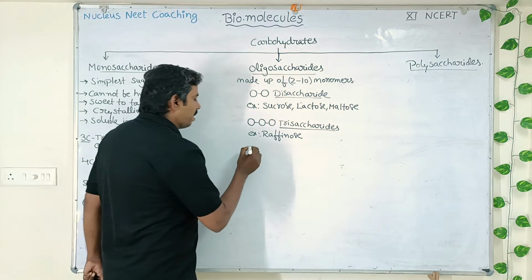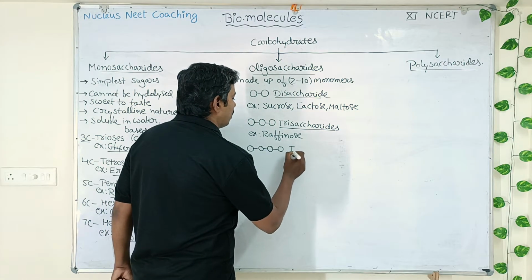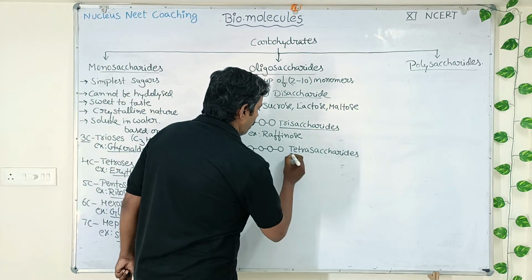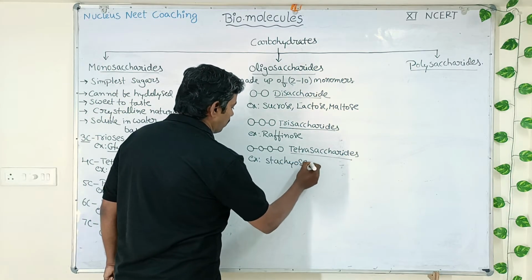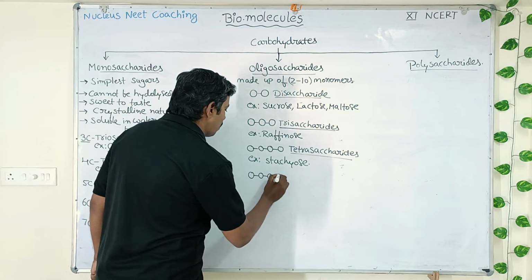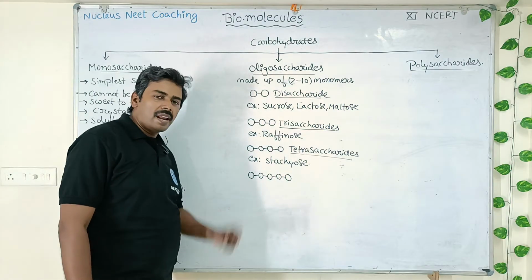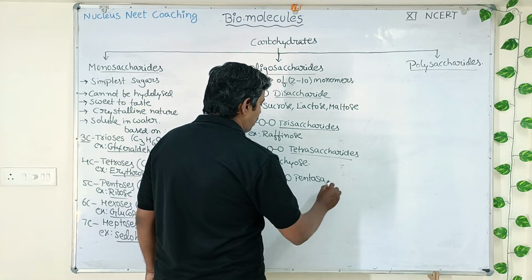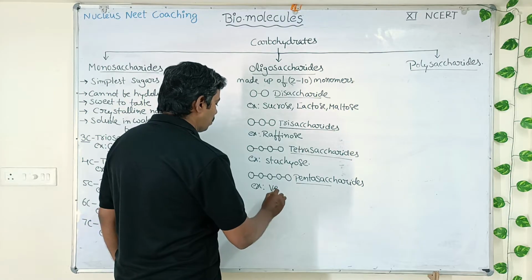Next, the oligosaccharides made up of four monomers attached to each other by three glycosidic bonds are called tetrasaccharides. An example of a tetrasaccharide is stachyose. Next, oligosaccharides having five monomers, held to each other by four glycosidic bonds, we call pentasaccharides. An example of a pentasaccharide is verbascose.